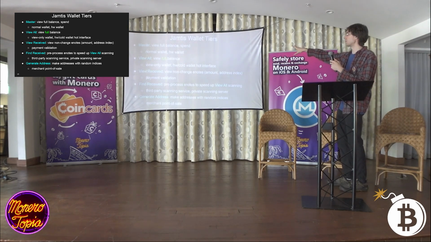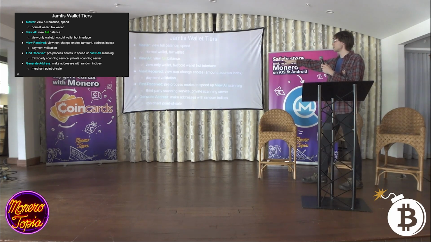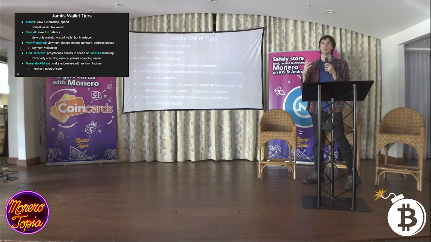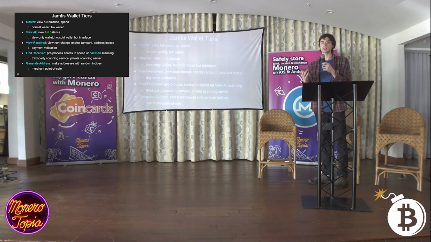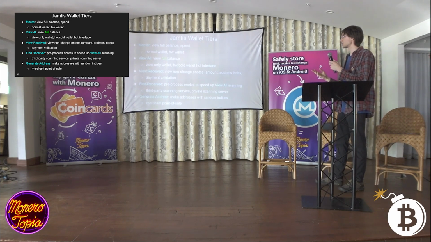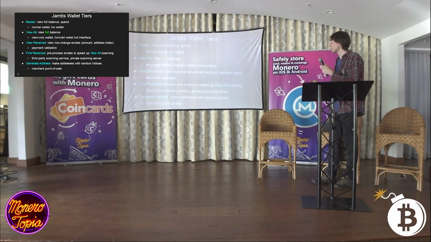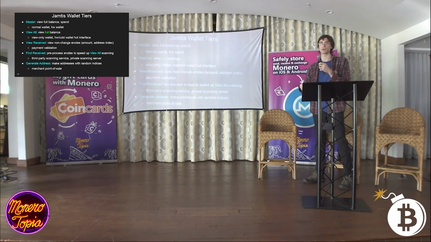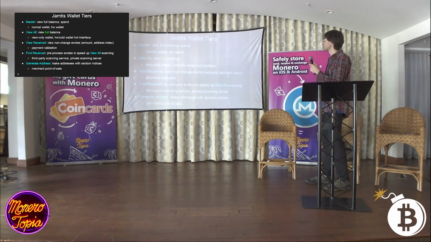So we get the view all wallet, which should hopefully make it a lot easier to use hardware wallets, because now you don't have to do this so-called key image exporting process to learn when you've spent something. The view only wallet just always knows your full balance. And when you want to spend something, you could interface with your hardware wallet to sign something. But other than when you're signing something, the signing device doesn't do anything.